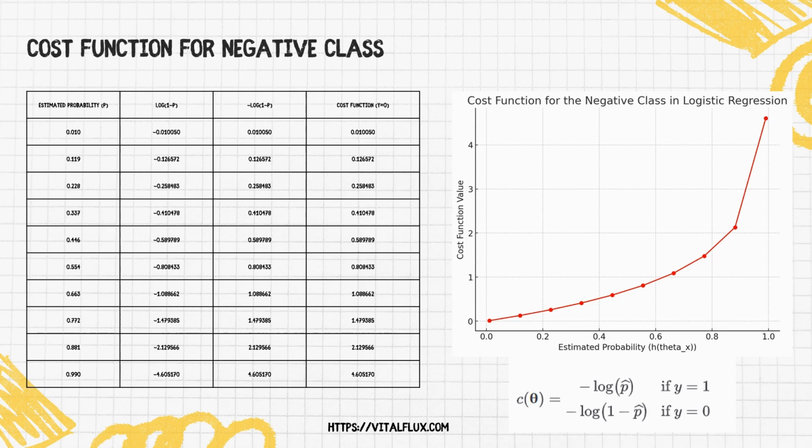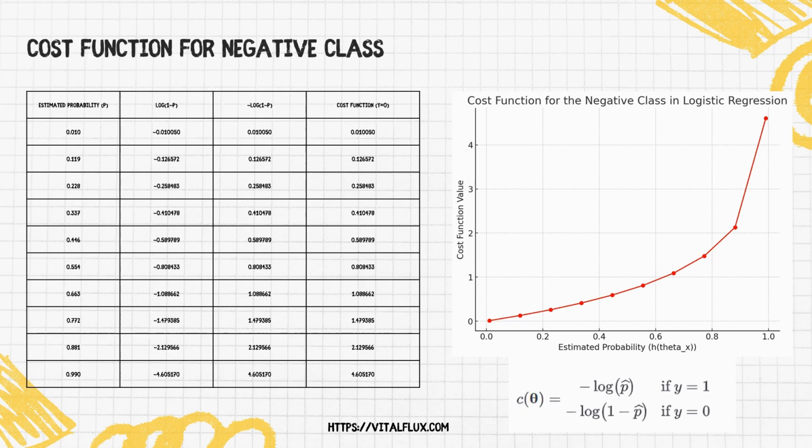At the lower value of the estimated probability, the cost function is less, and that's shown on the left side of this plot. But as the estimated probability increases while it is actually the negative class, the value of the cost function will continue to increase, and that's shown by how the curve increases as we move towards the right. So this is the cost function for the negative class.